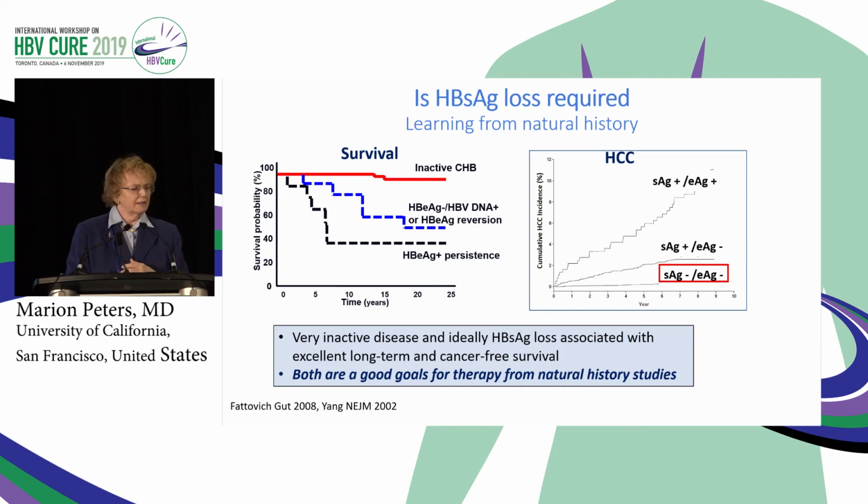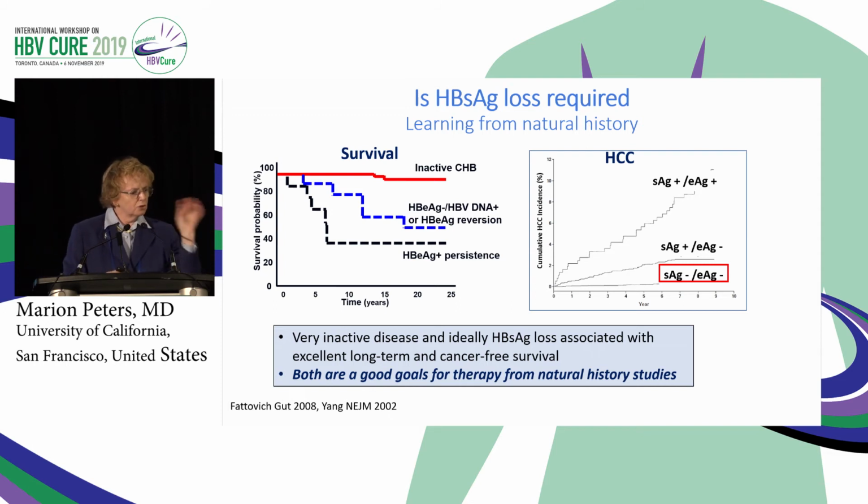So inactive disease, and ideally surface loss, is associated with long-term excellent clinical outcomes. And actually that's what the patient's interested in. They don't care about their cccDNA. They just want to know, are they going to dance at their daughter's wedding, and are they going to live to be 85 like their mother did?